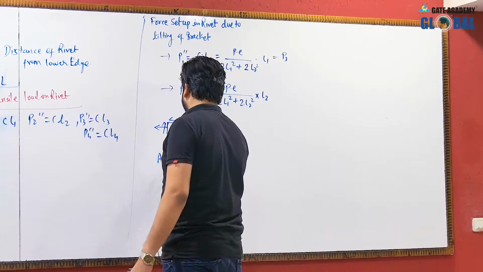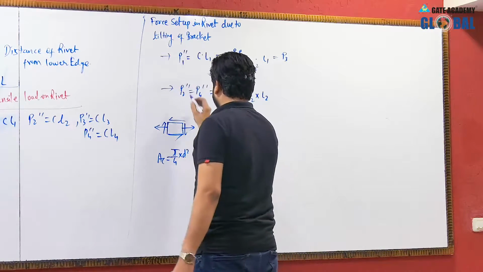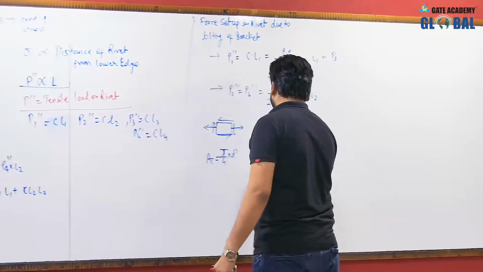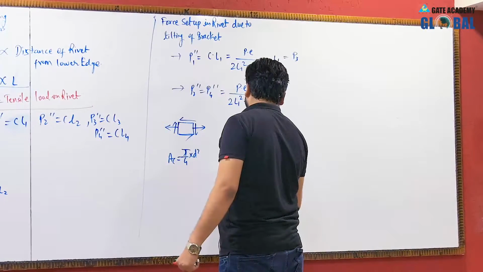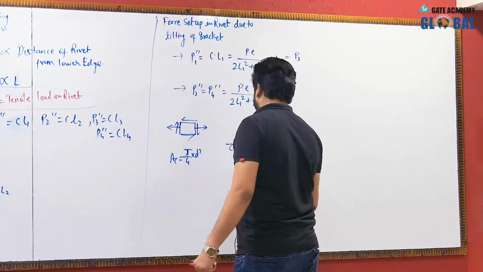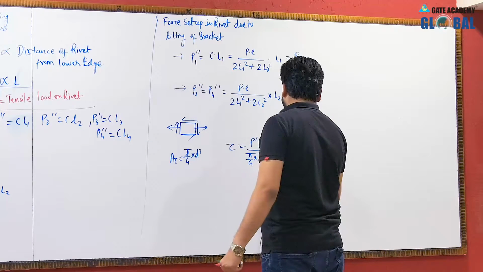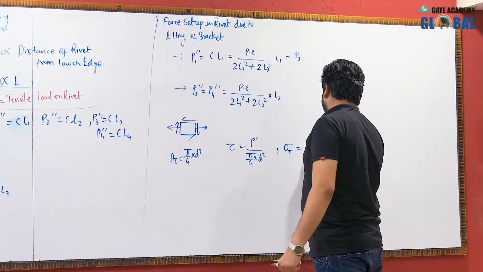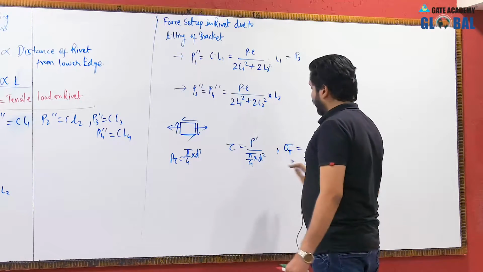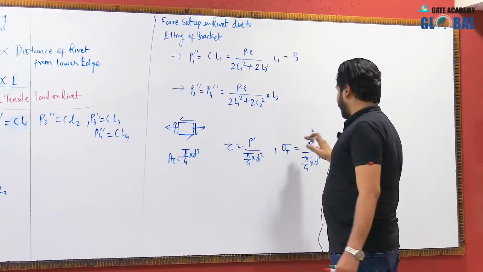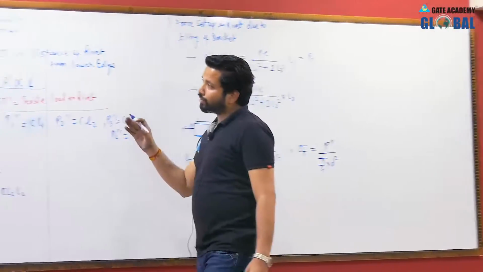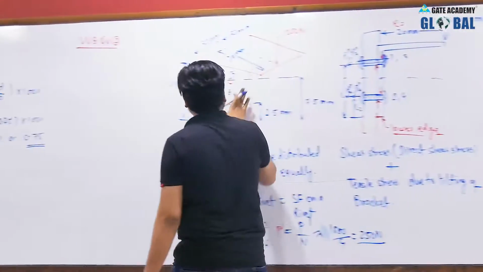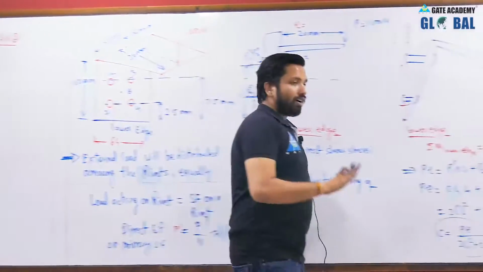As the tensile force is P double dash and the shear force is P dash, the shear stress will be P dash divided by pi by 4 d square, and the tensile stress sigma t will be equal to P double dash divided by pi by 4 d square. You can put the values of P dash and P double dash according to the most critical rivet. As you can see, in each and every rivet the shear stress will be the same.